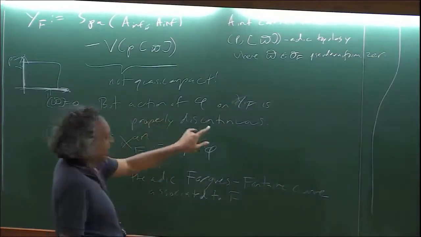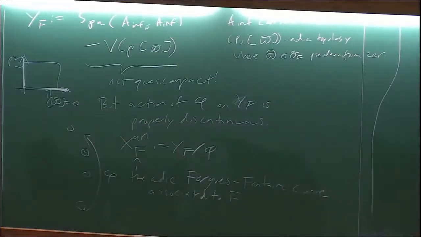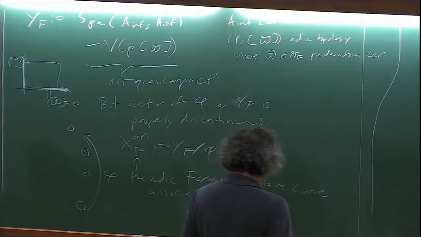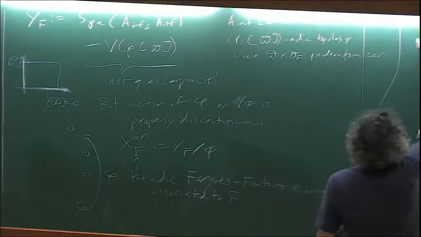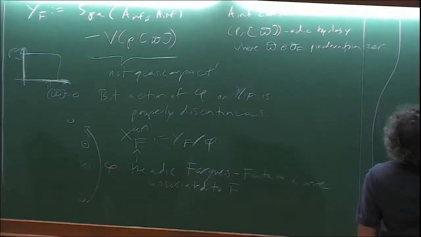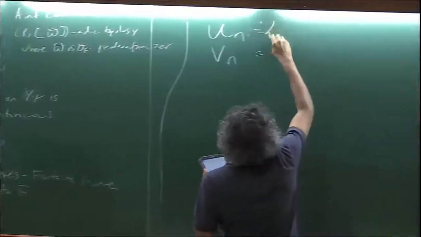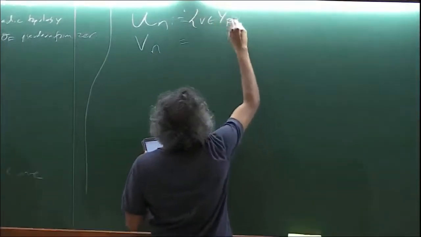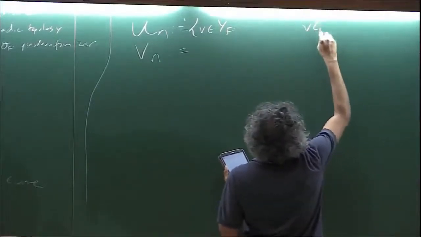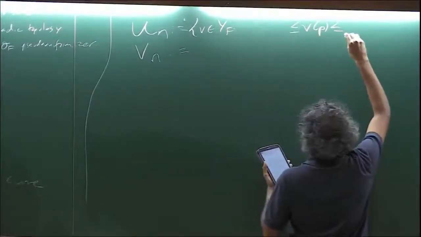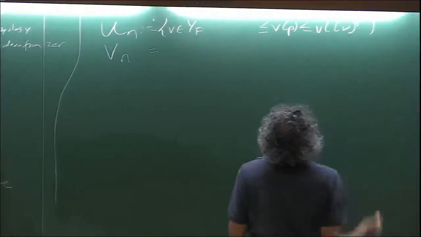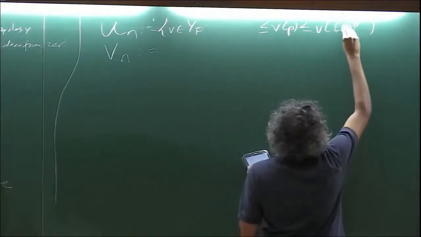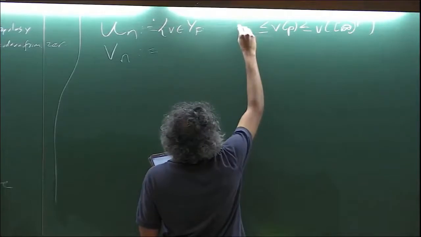Okay, so why is this action properly discontinuous? Well, I can just give you some open sets that do this. So let me write some down. I'm going to give you two families. There's some flexibility in the definition here, but these are the ones that I used. One of these is that the valuation of p is going to be between the valuation of varpi to the p to the n and some slightly larger power.